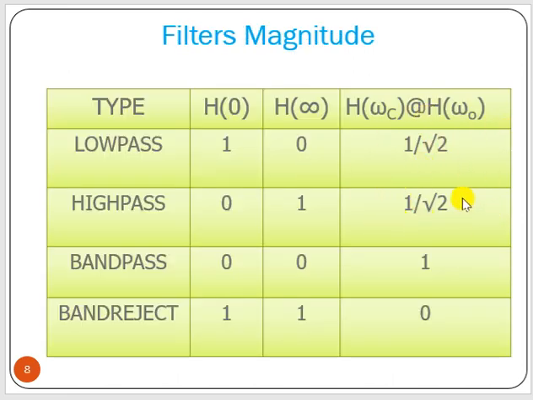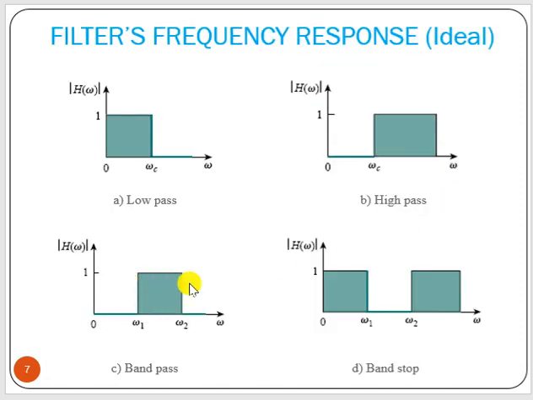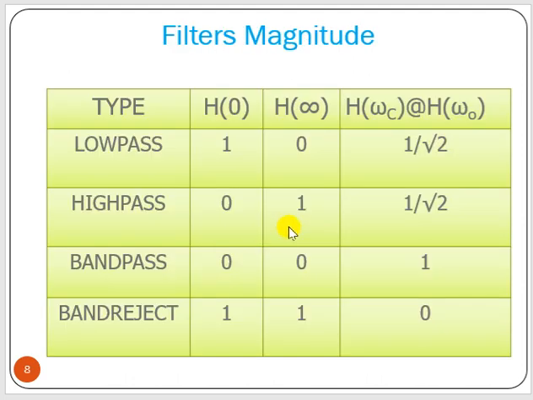Similarly, we had 1 by root 2 for low pass, but in this case it will be 1 only, and in this case it will be 0 only, because the response goes like this, so here it will be almost close to 0, and it will go like this, so here it will be almost 1.